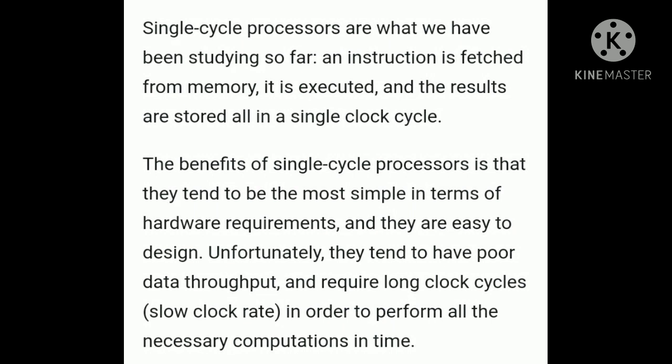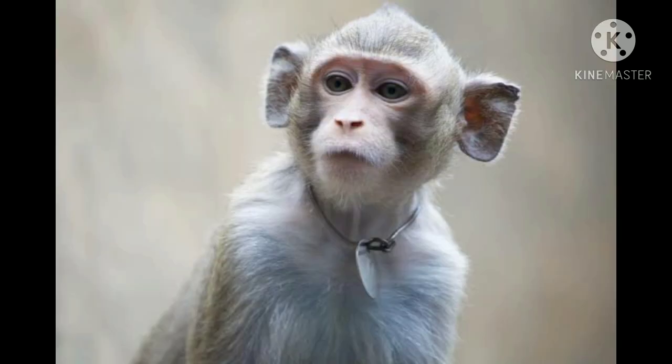The benefit of a single cycle processor is that it tends to be the most simple in terms of hardware requirements, and it is easy to design. Unfortunately, it tends to have poor data throughput and requires long clock cycles, a slow clock rate, in order to perform all the necessary computation in time.